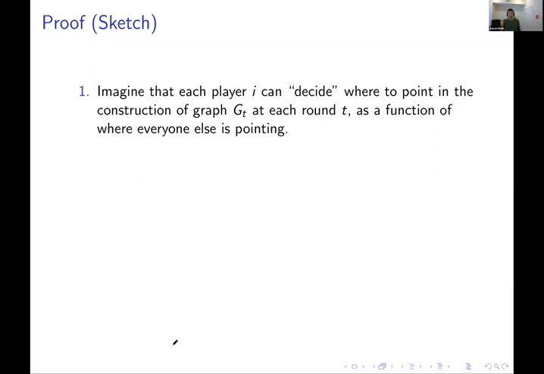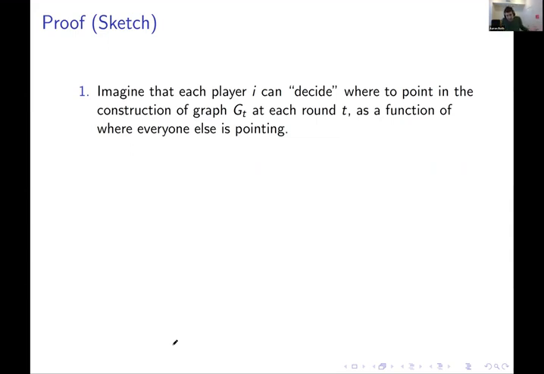Like you can, in particular, implement what the algorithm would do for you if you truthfully reported your preferences by always pointing to your favorite good amongst the ones remaining. And I've only given you extra freedom. Now you can do silly things, like point to things that are inconsistent with any preference ordering.